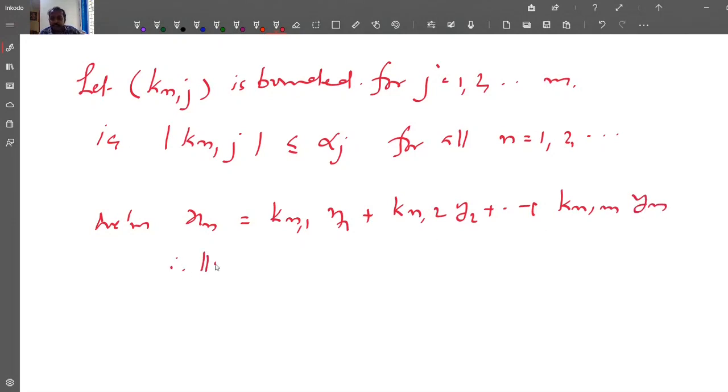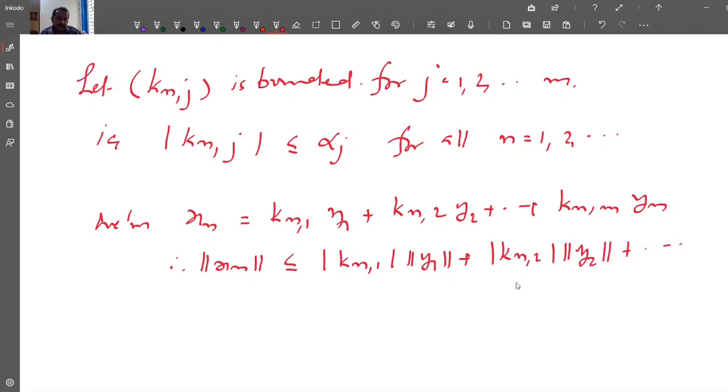Therefore, norm of xn is less than or equal to modulus of kn1 into norm y1 plus modulus of kn2 into norm y2 plus etc. plus modulus of knm into norm ym.